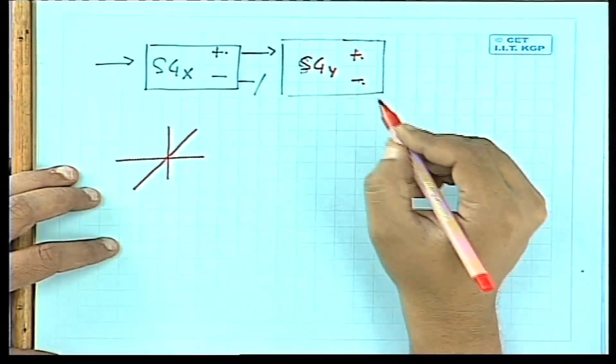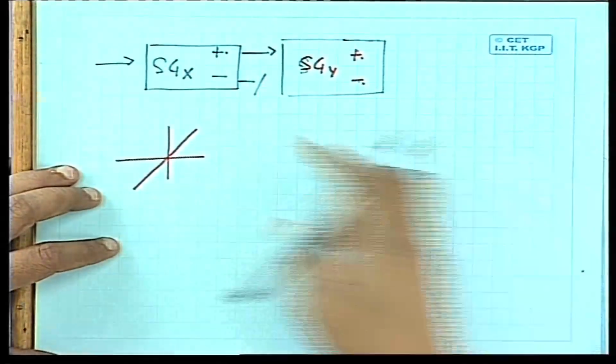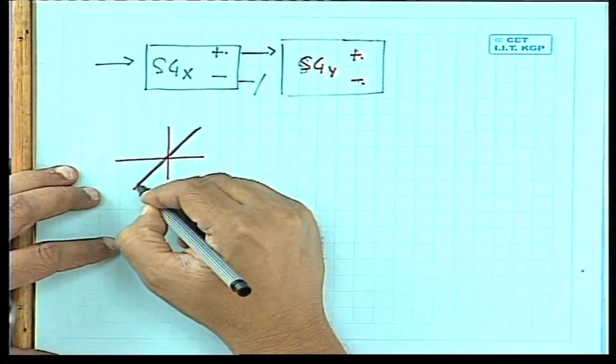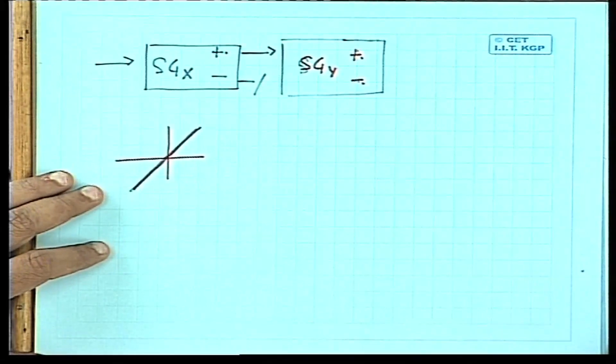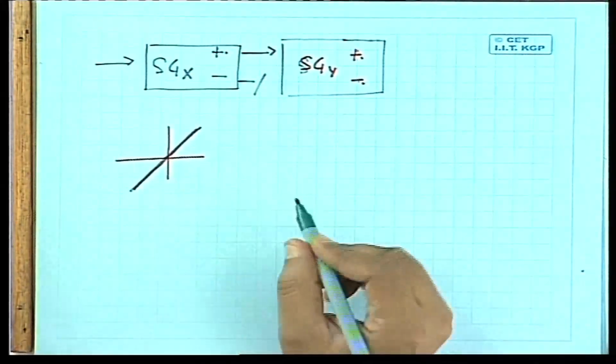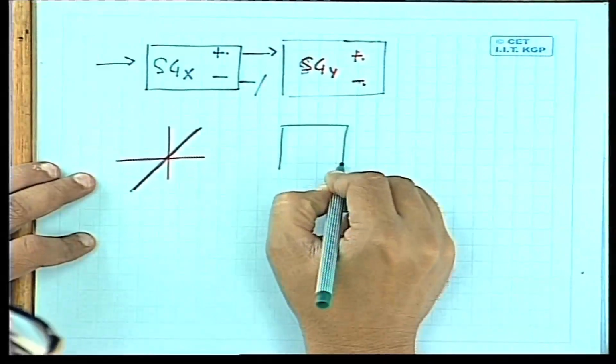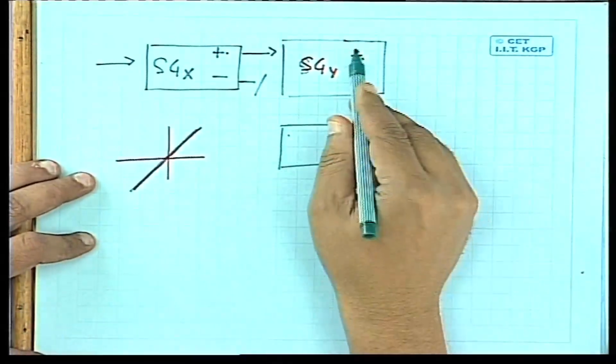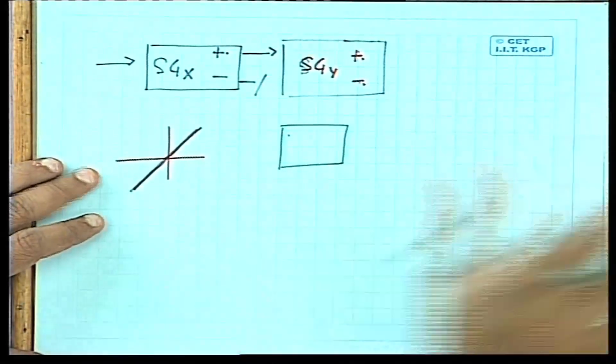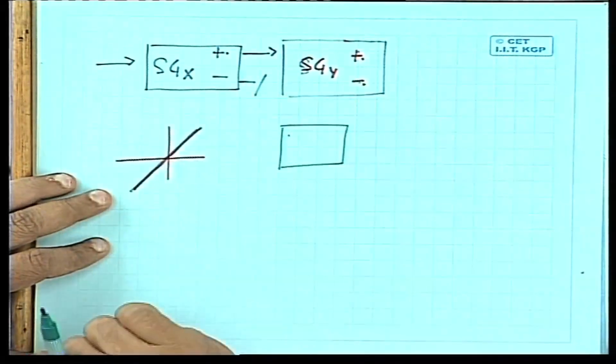So the question I am asking you is, suppose I have light polarized in this direction, and I send it through a device which will only allow the right circularly polarized part to pass through. Will some light come out or not? It is exactly the same thing.